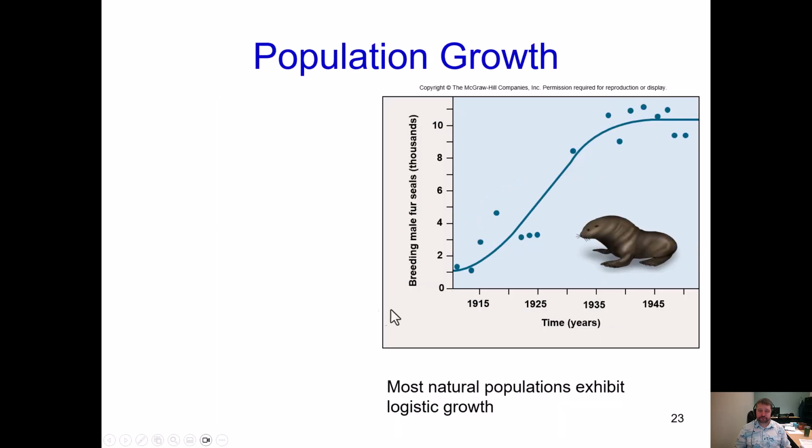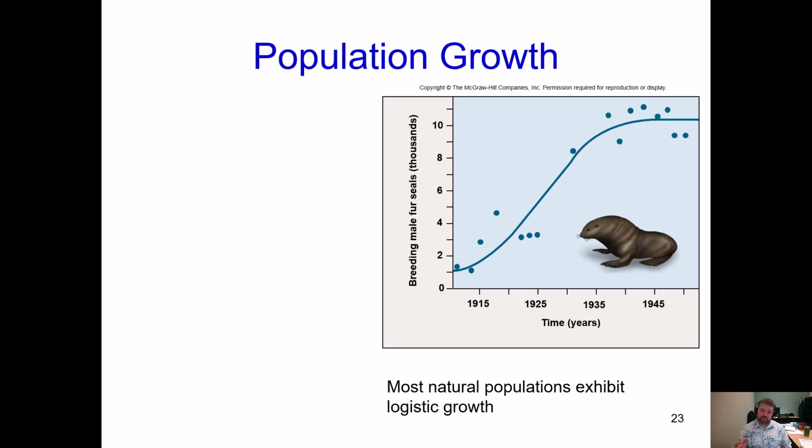So let's look at an example, a fur seal example. In the early 1800s, and even before that, there was a big trade on fur seal pelts, and the issue with a lot of marine mammals is they occur on islands, and that's not the issue.